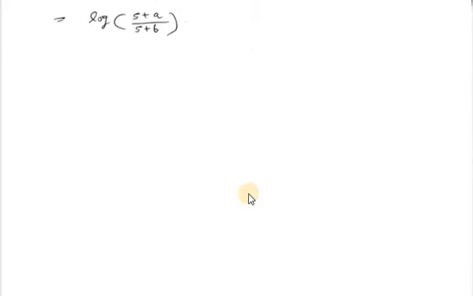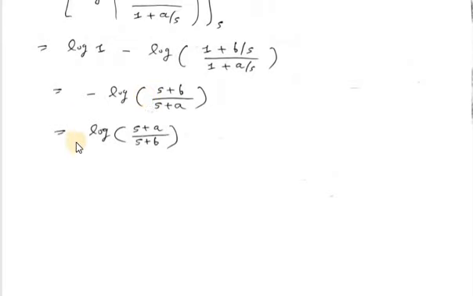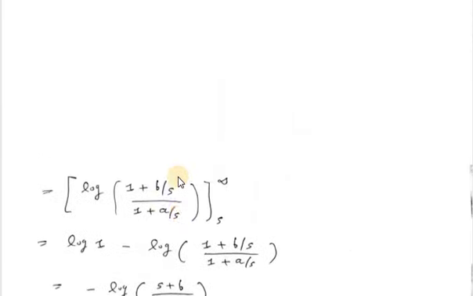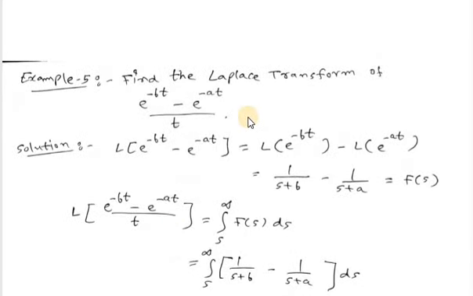So this is the final answer: logarithm of s plus a over s plus b. That is the Laplace transform of (e raised to minus bt minus e raised to minus at) by t.